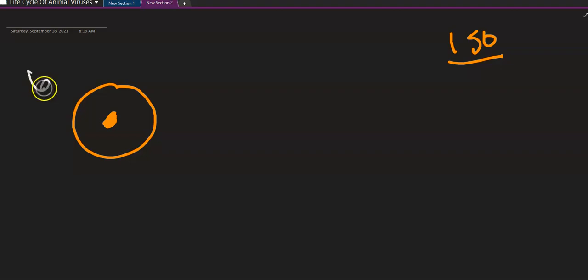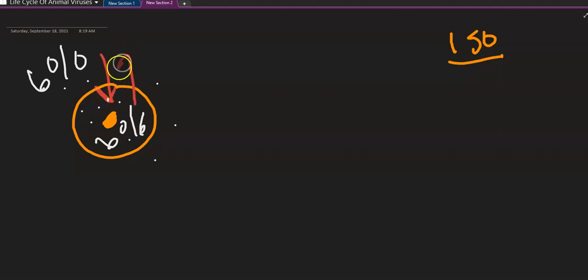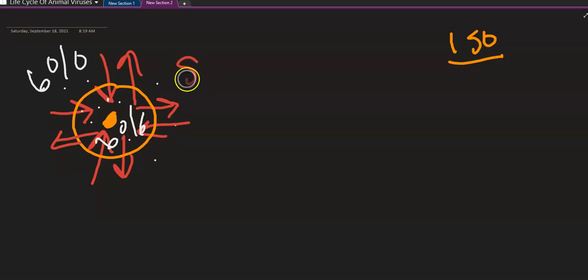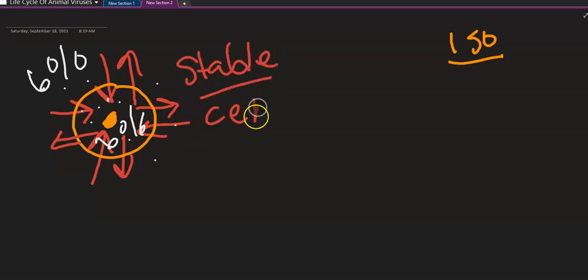And again, we're going to have 6% out here and 6% inside the cell. Water concentrations flowing in and out of the cell are going to be equal. And so the cell volume here is going to be stable. The cell volume will remain the same. And this is for both cells.